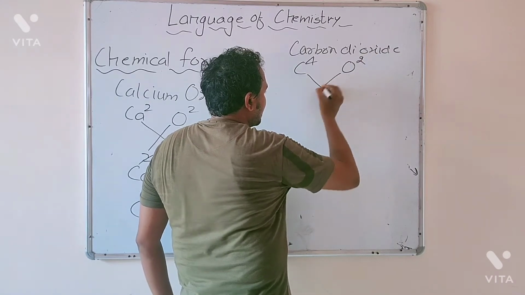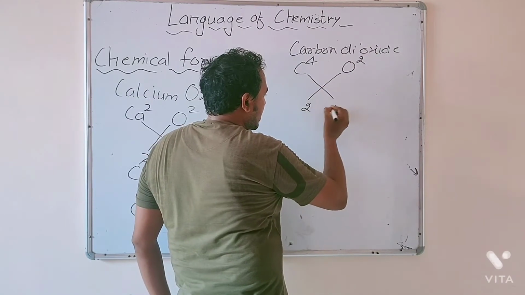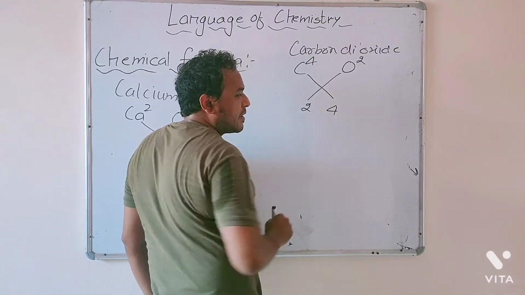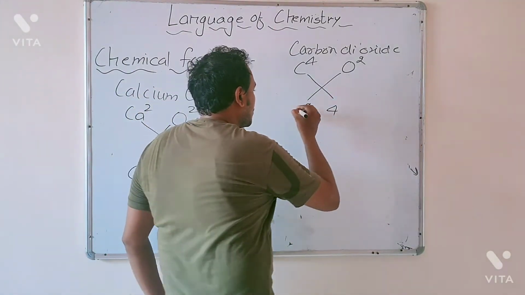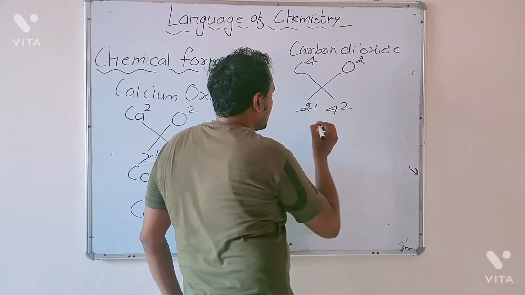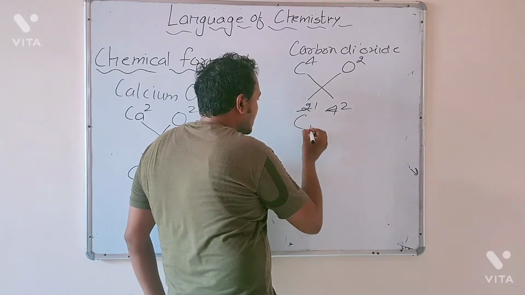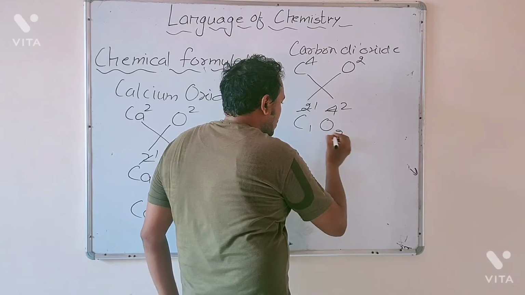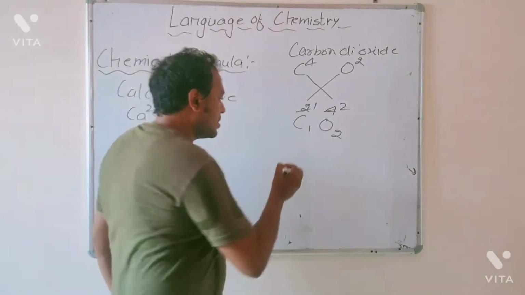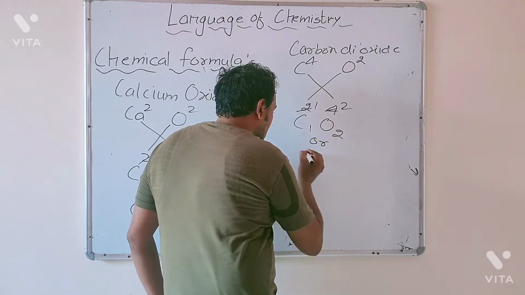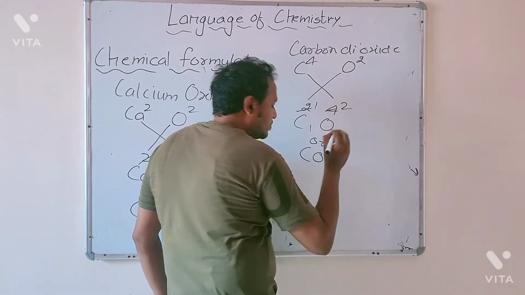Crisscross their valencies. 2 will come over here, 4 will come over here. These two numbers have a common factor, so these two numbers are cut by 2. So 2 ones are 2, 2 twos are 4. So we can write C1 O2. Now write down the valency on the subscript, or CO2.